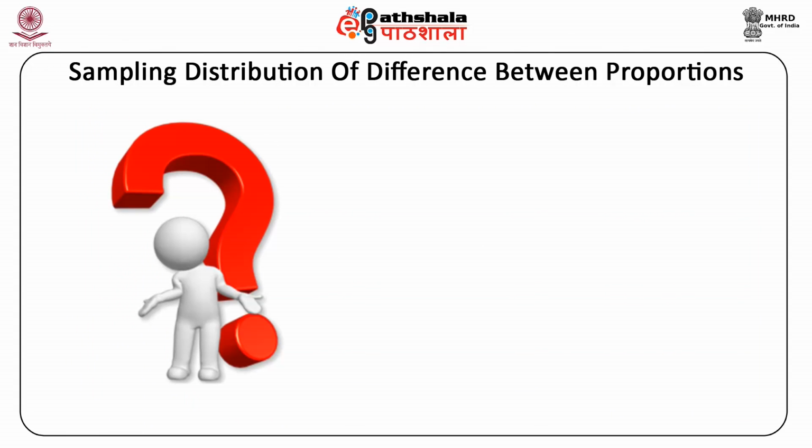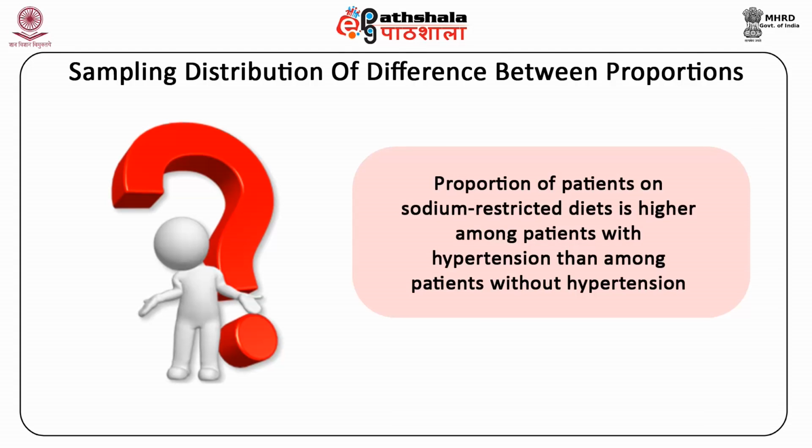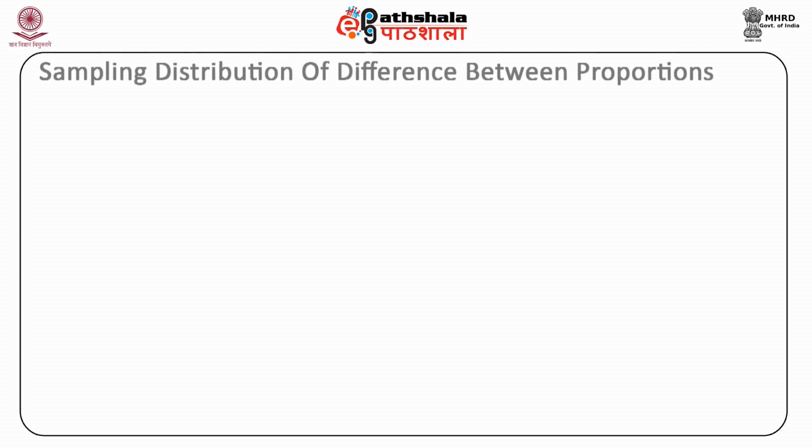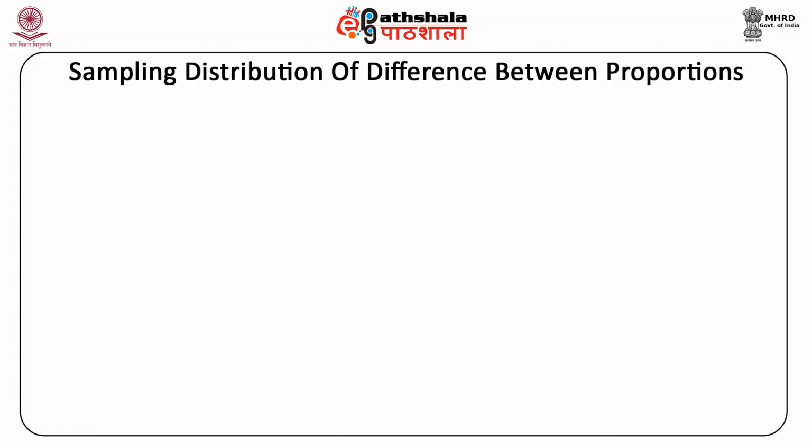We would like to know if we can conclude that in the sampled population, the proportion of patients on sodium-restricted diets is higher among patients with hypertension than among patients without hypertension. The data is given in the table.